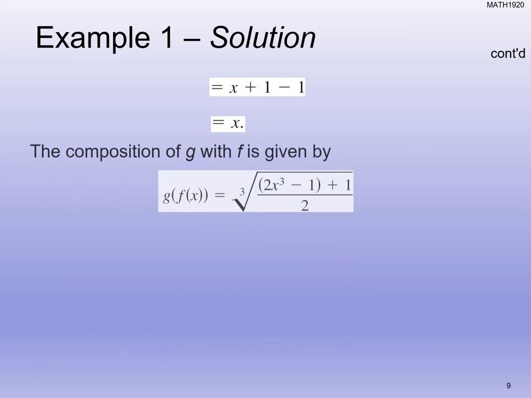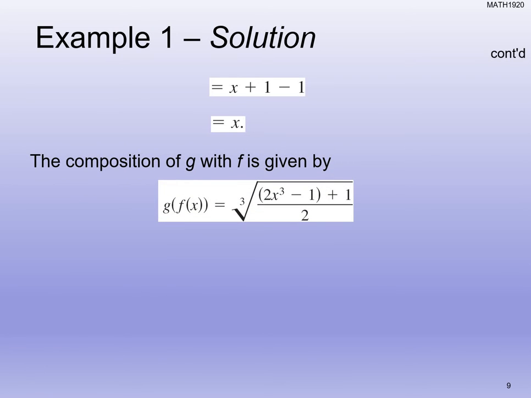Now I have to do the other one. I have to find g of f of x. We take f of x and substitute it in for the x in the g function. So we're going to substitute 2x cubed minus 1 in for x in the g of x function. Then we can see that the 1's cancel, so we're left with the cube root of 2x cubed over 2.